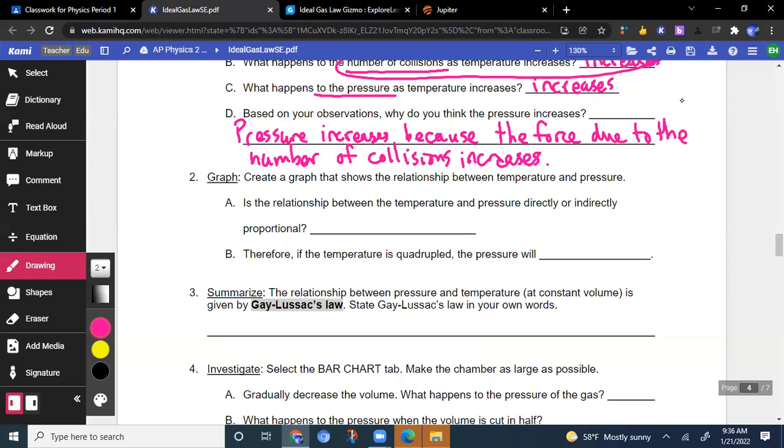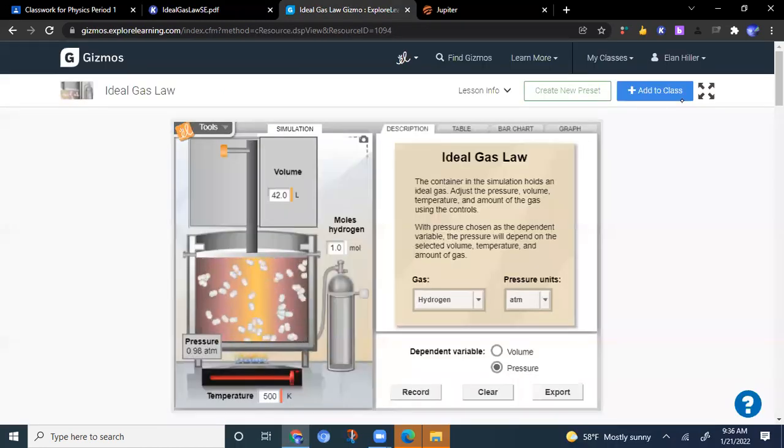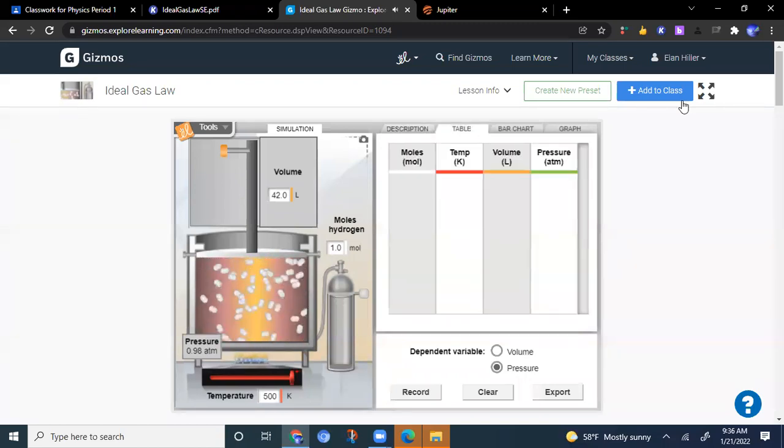Okay, so go back to the Gizmo. Go back to table. Go all the way down to 100 Kelvin. Press record. Let's go at 100 Kelvin intervals. So we're going to go from 100 to 200.